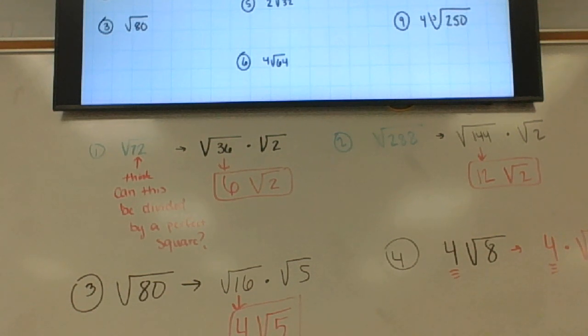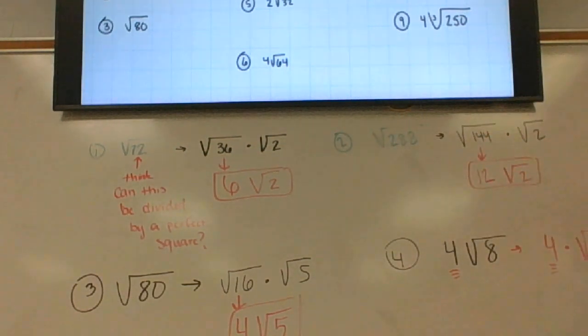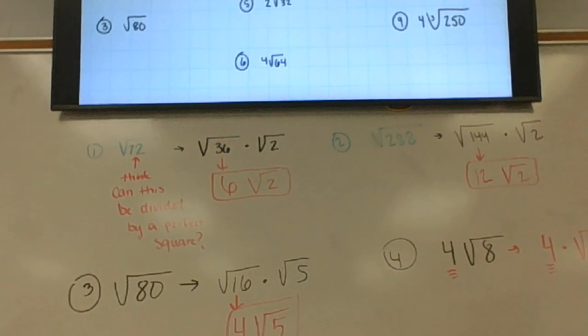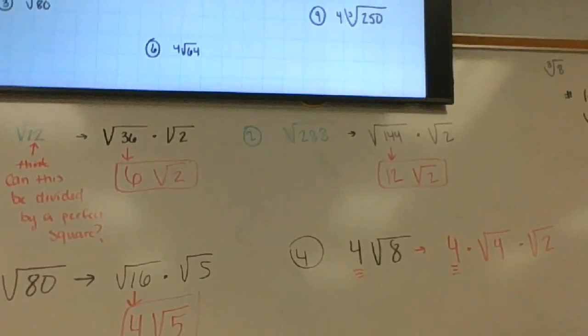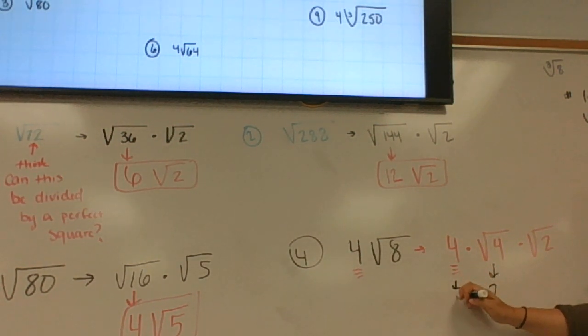Look at this one. I can square root 4. The 4 is there, the multiplication sign's there, the square root of 4 is 2, and that one's stuck underneath.